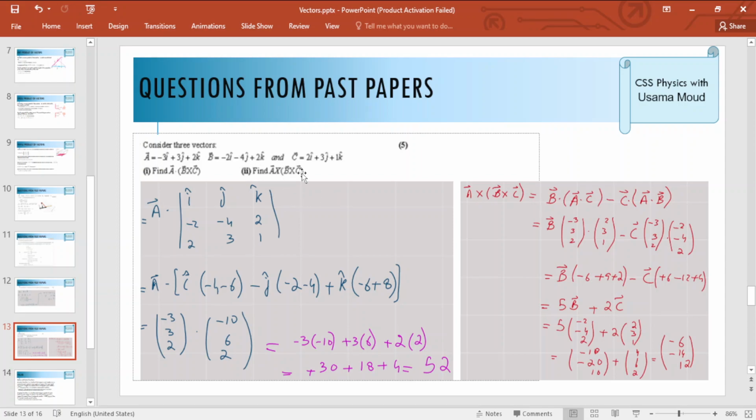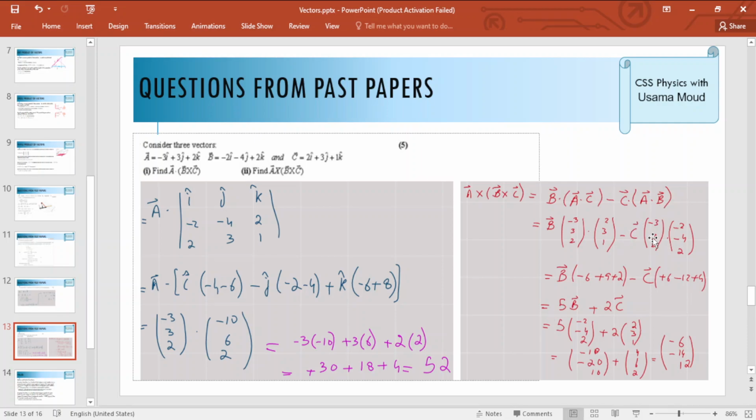So simply write the values of a, b and c. You can even do it in another way. For example, substitute the values of b and c and then take the cross product, then take the cross product with a. Otherwise, you can use this equation and convert the cross product into dot products. Now this one is a dot c, which is just a number.